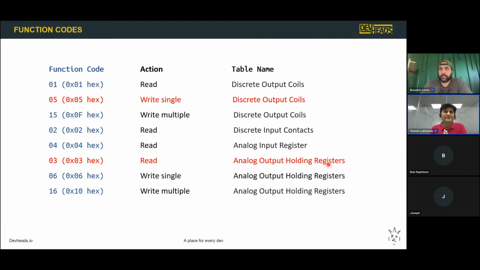To write the data to control the LED, we will use function code 5. There are only 2 function codes that we will be dealing with today, because Modbus TCP is a very huge topic, and we have to focus on what we want to achieve. So function code 5 allows us to write a single coil, and function code 3 allows us to read the holding registers. Remember this, when we do the coding, this will come back to us.